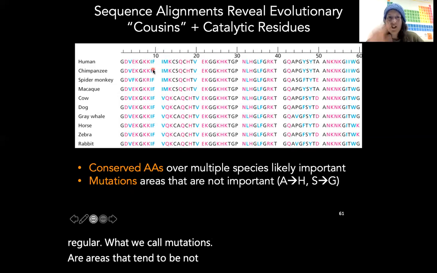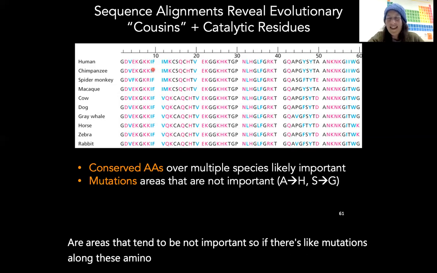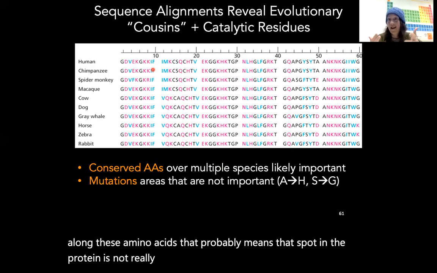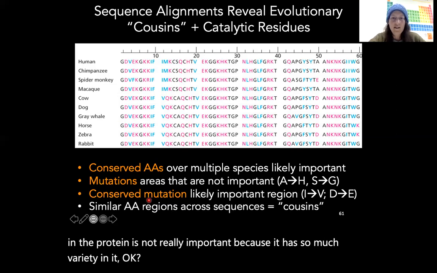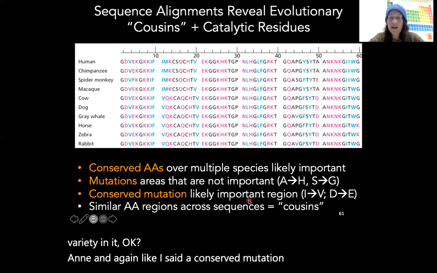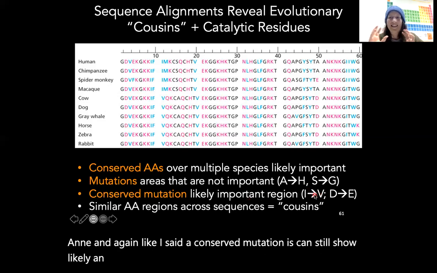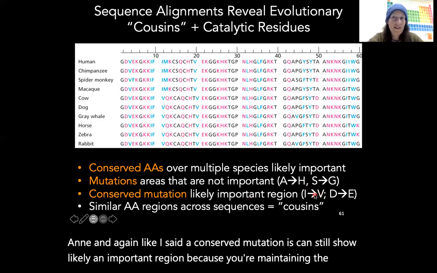So if there are mutations along these amino acids, that probably means that spot in the protein is not really important because it has so much variety in it. Okay. And again, like I said, a conserved mutation can still show a likely important region because you're maintaining the functionality of that side chain still.